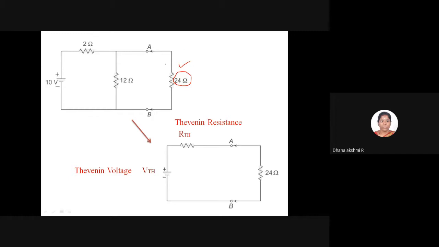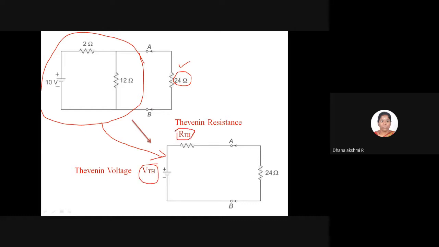Our first step, in order to get the Thevenin's circuit, is to remove this load branch and make that terminal open. The idea is that this network or circuit is going to be reduced to a single voltage source with a resistance in series with it.